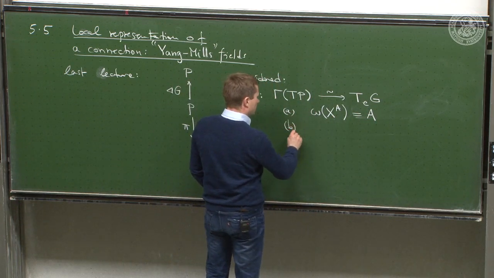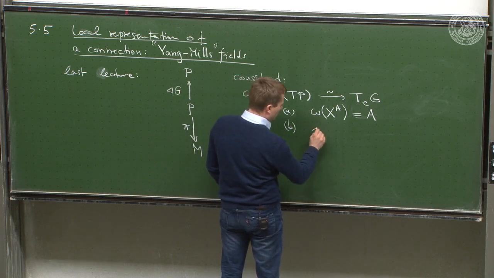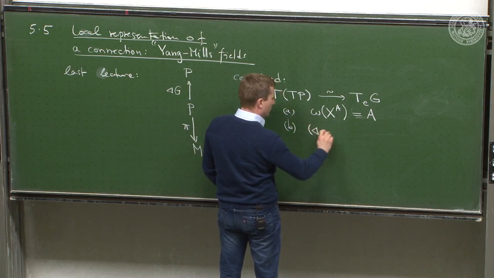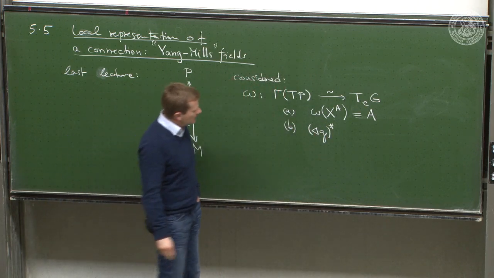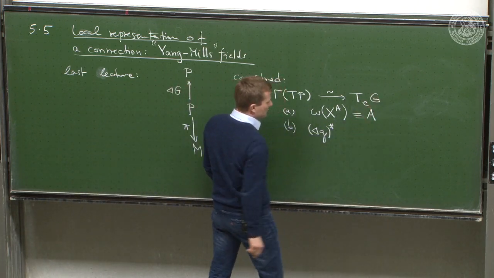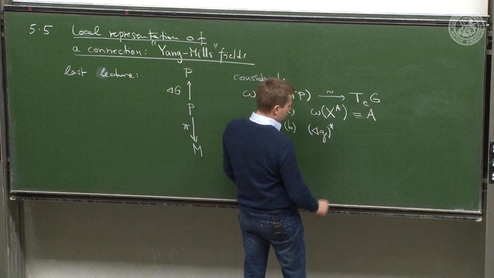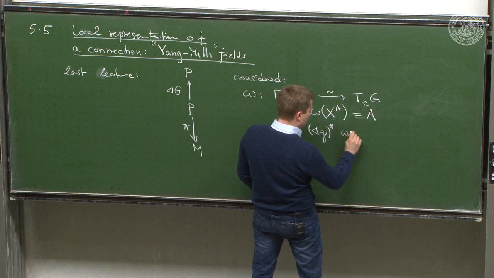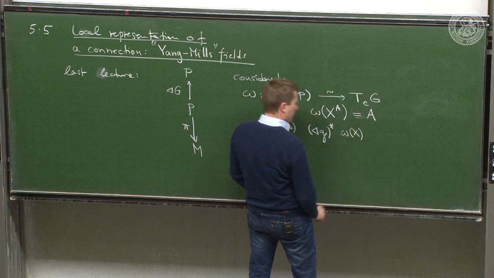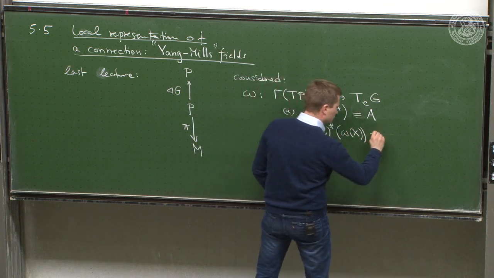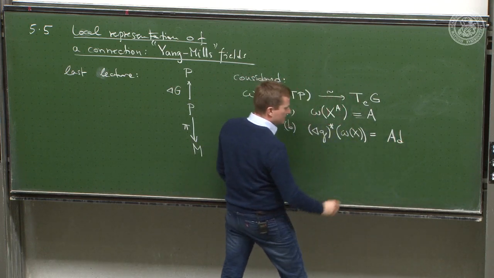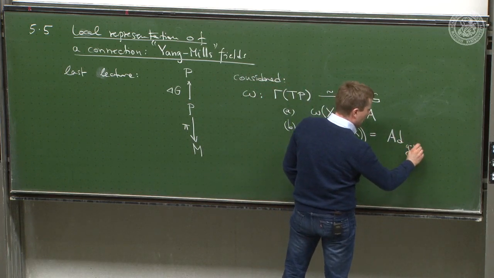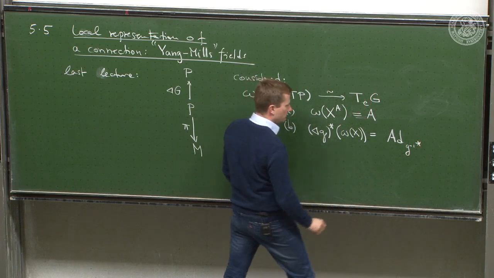And B, if you consider the pullback under the right action of an element g of the group G, then on this form, once you plug in an X, this equals Ad g inverse, push forward.